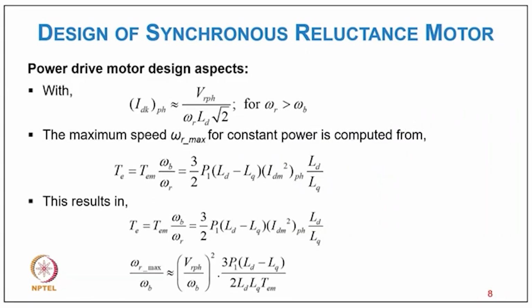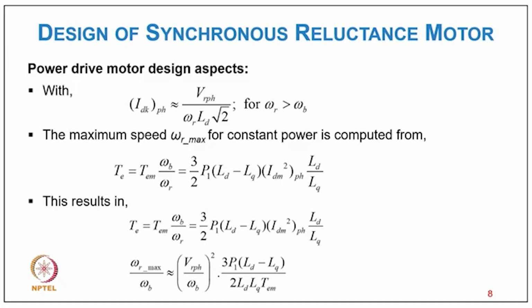So, with Id, the current per phase will be Vr per phase divided by omega r Ld root 2 for omega r greater than or equal to omega b, and the maximum speed omega r max for constant power is computed with T equal to Tm omega b upon omega r, equal to 3 by 2 p1 (Ld minus Lq) into Idm squared per phase Ld upon Lq.